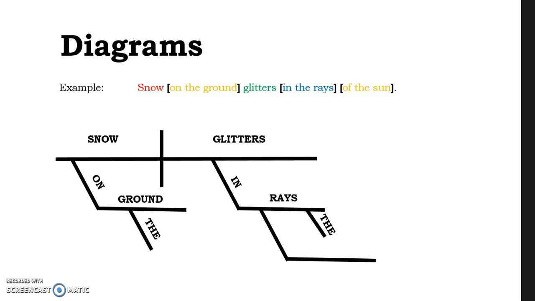This is also an adjective phrase, so we link it to the first prepositional phrase. We make it descend from the object of the preposition in the adverb phrase, and we follow the same pattern. Preposition goes on the descending diagonal, object of the preposition on the horizontal line, and the article goes beneath the object of the preposition.